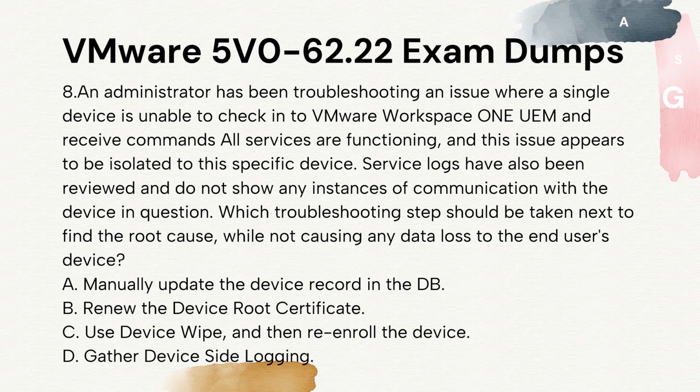Which troubleshooting step should be taken next to find the root cause, while not causing any data loss to the end user's device? A. Manually update the device record in the DB. B. Renew the device root certificate. C. Use device wipe, and then re-enroll the device. D. Gather device side logging.